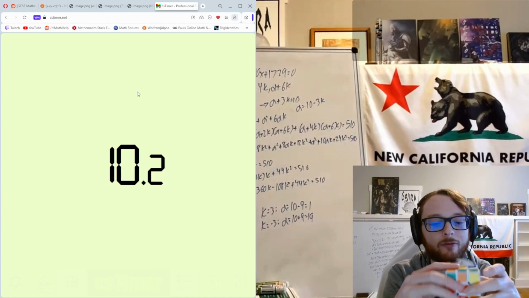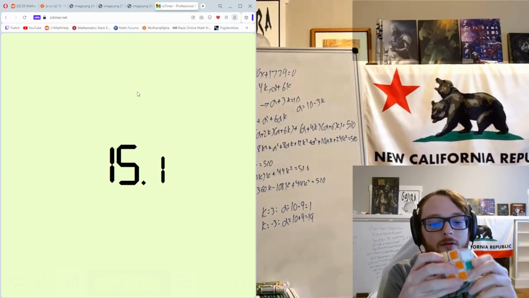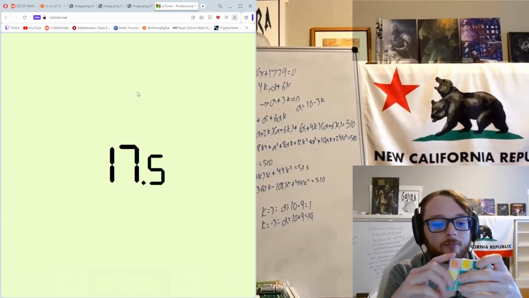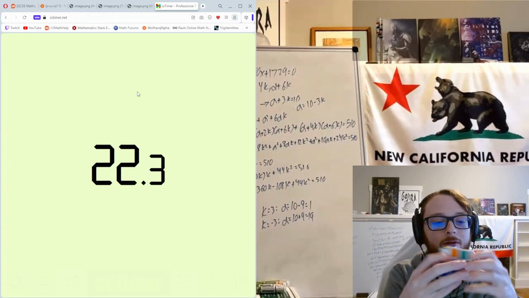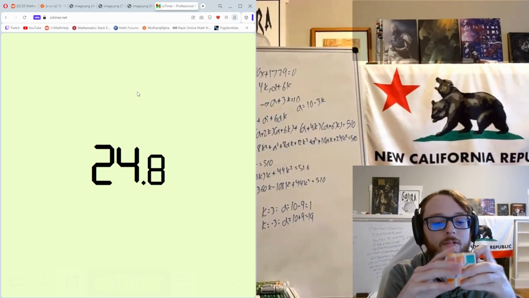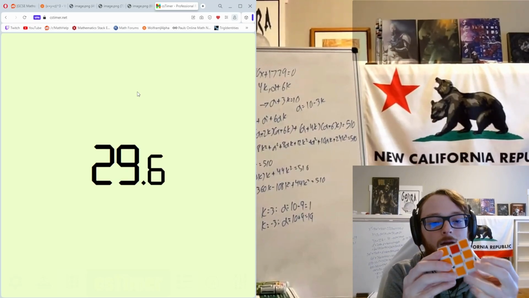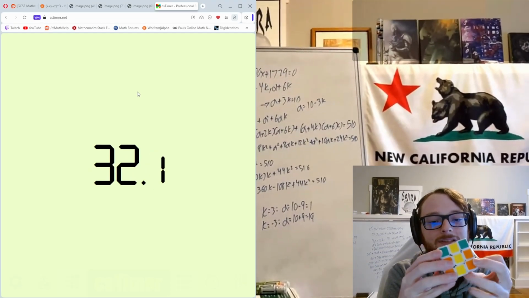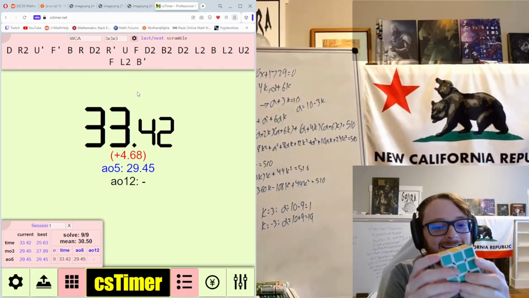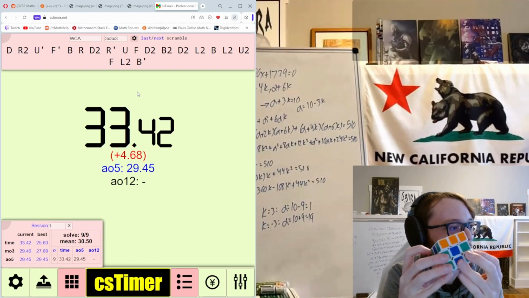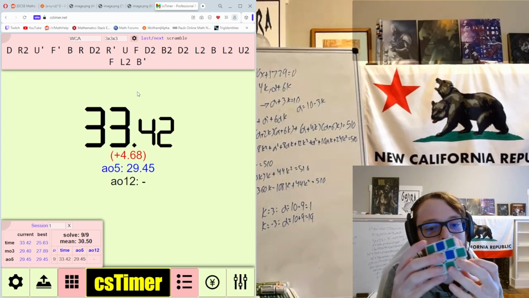Oh my god, where are all my pieces at? This is really bad, bad RNG on the scramble, man. Oh god, I did it right! I hadn't done this algorithm in a long time, and I don't quite have the muscle memory for it.